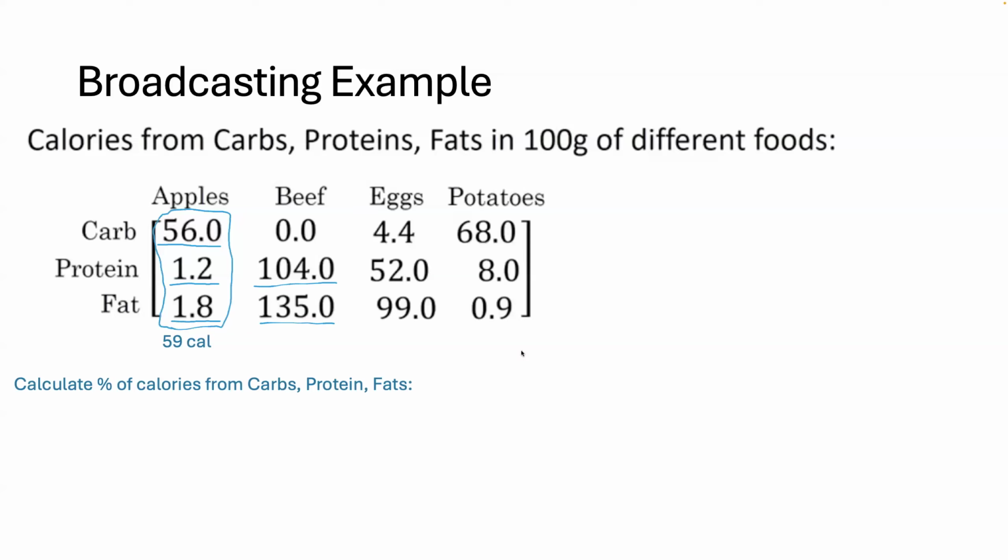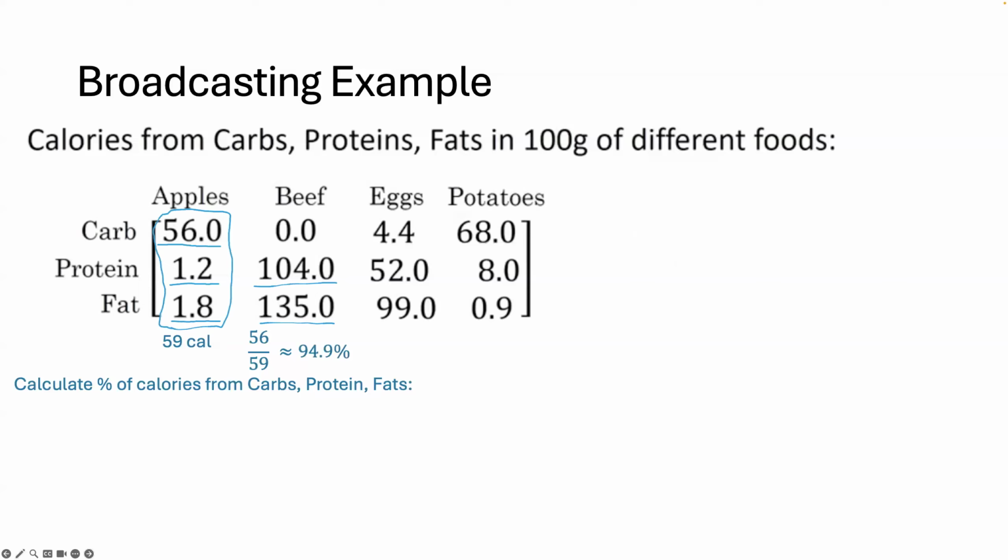So that's the total calories for the apples. The percentage of calories coming from carbs would simply be 56 over 59, which is almost 94.9%. So most of the calories for apples are coming from carbs, whereas in contrast, with beef, most of the calories are coming from protein and fats, and so on.